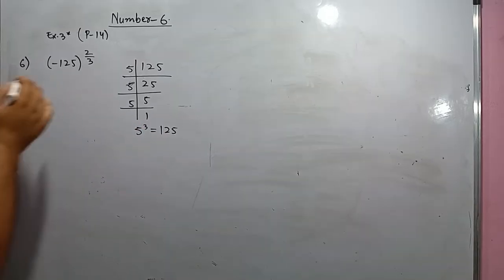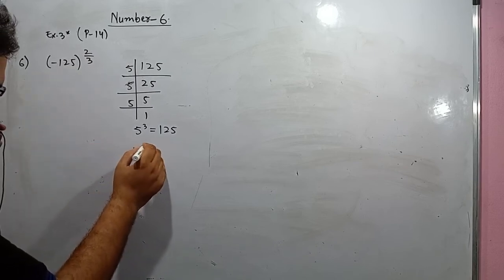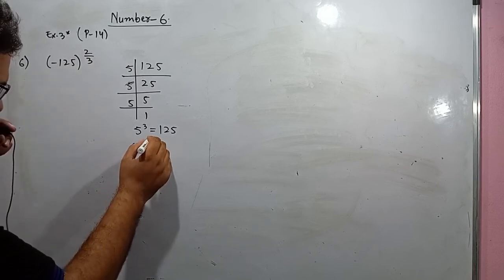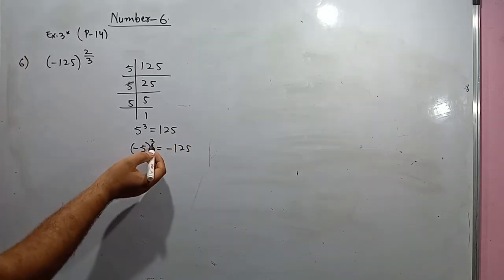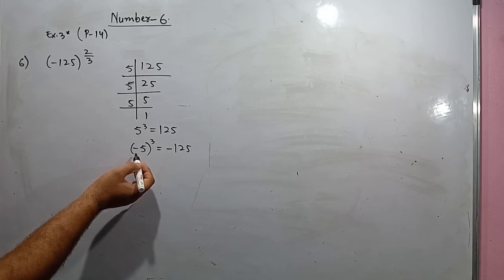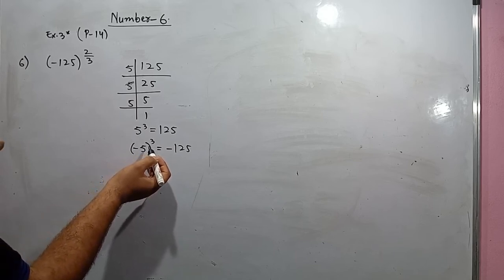Now you can see here it's minus 125. I will check. If I write minus 5 whole power 3, yes, it's minus 125, because here we have an odd number. If the power is an odd number, then the answer will be negative. If the power is an even number, then the answer will be positive.